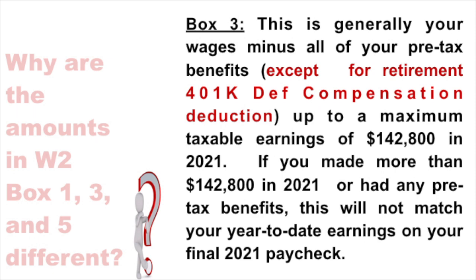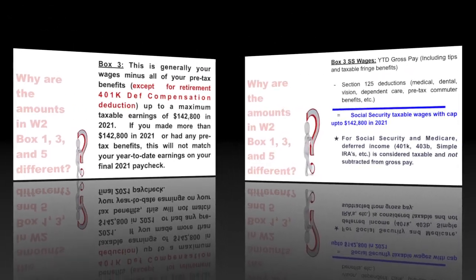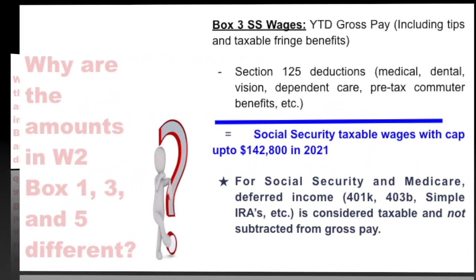In 2021, the taxable Social Security wage base is $142,800. So if you made more than $142,800 in 2021, or you have any pre-tax deductions benefits, then this will not match your year-to-date earnings on your final 2021 paycheck.